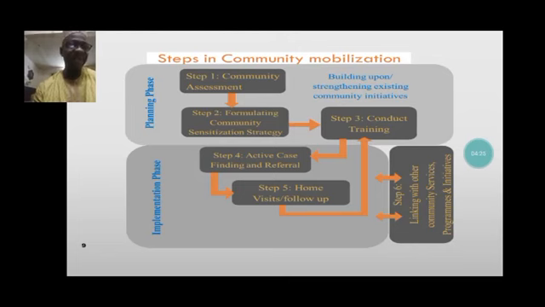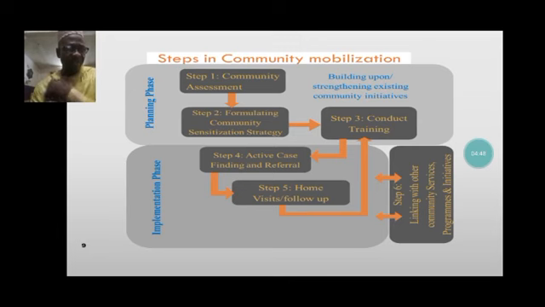You have to assess that community to find out the level at which they comply with the set out rules in managing severe acute malnutrition. You formulate community sensitization strategy, and at the same time, you conduct training.